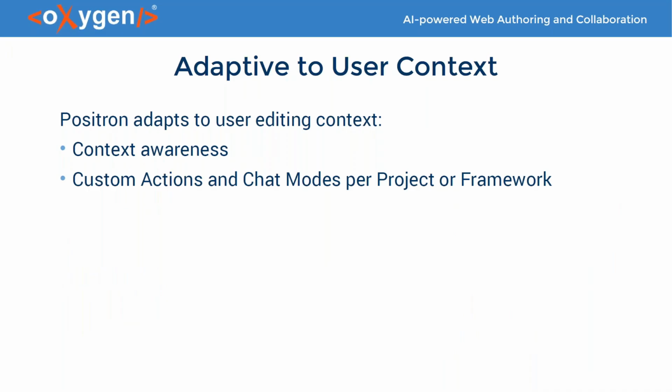Positron is aware of a broader user context: the current project location, the current DITA map, the current document location. Positron even knows what the selection within the editor is. And this helps because when you work with it, you don't have to give it too many additional details. You focus on what you want.